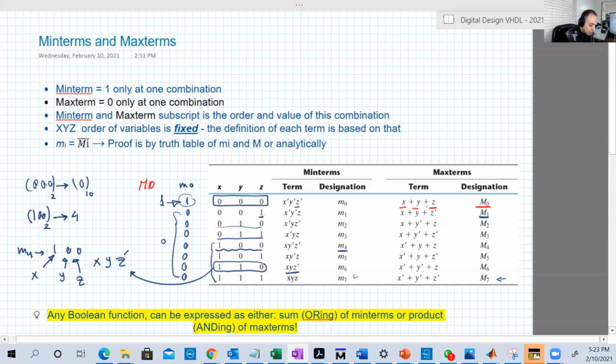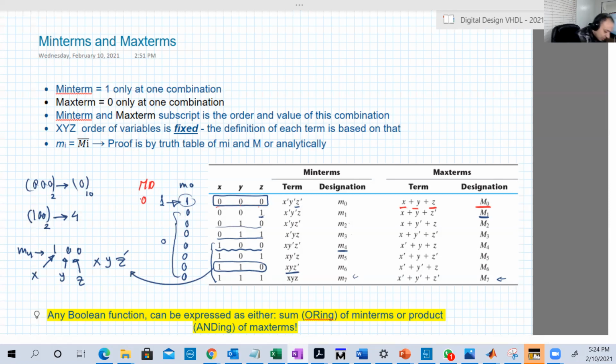When x and y and z are all zeros, then 0 or 0 or 0, 0 plus 0 plus 0, will give you 0. And we said that any maxterm will be 0 only at one particular combination of x, y, z, and 1 otherwise. We get the 0 here from just the first combination. So we are expecting the other combinations to give us ones.